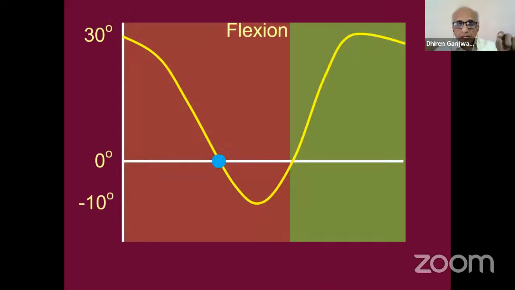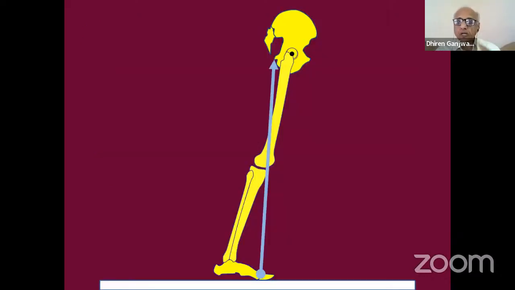Coming to the hip extension, now we have crossed the neutral position, and from there the hip is extending. So at this particular point we are trying to understand how this extension is taking place. And this extension is not actively by the muscles, but the ground reaction force has now moved behind the hip joint.